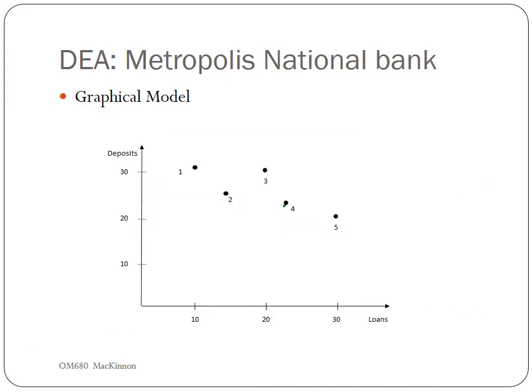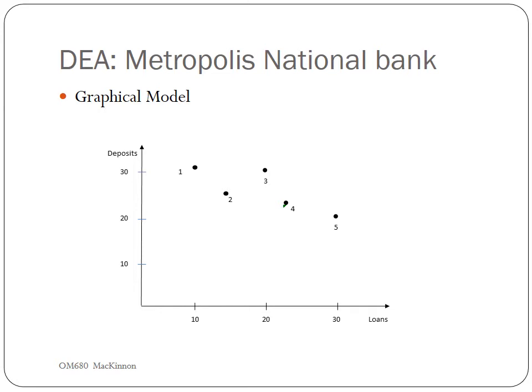Let's take a look at the previous example graphically. We have deposits and loans on our y-axis and our x-axis, and we have graphically plotted the 5 branches on this graph.